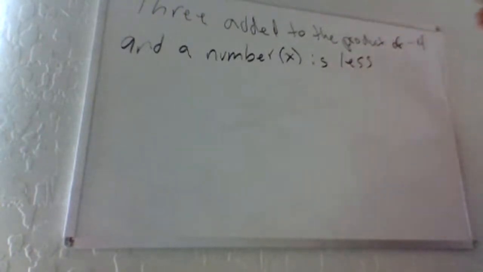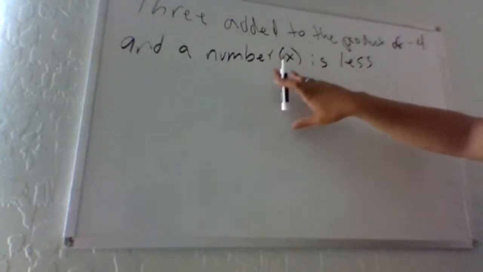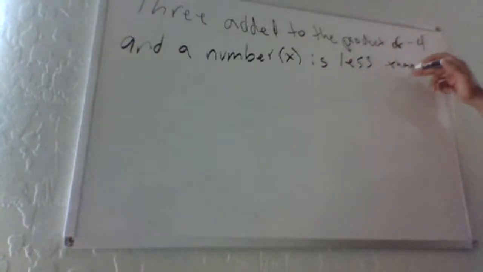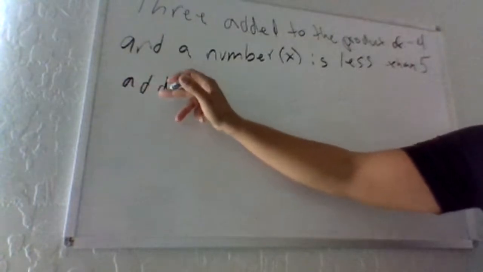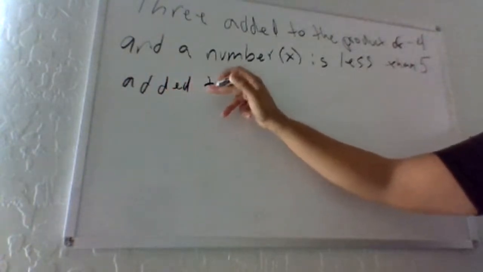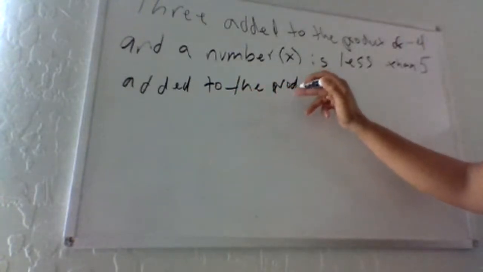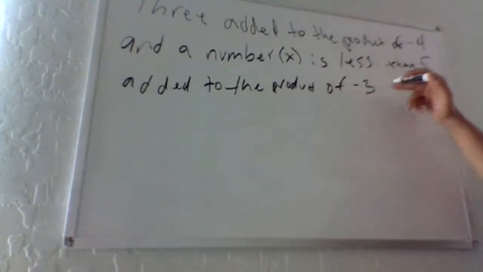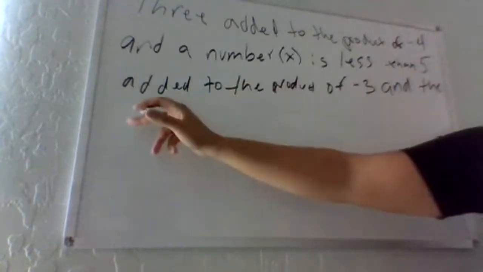So 3 added to the product of -4 and a number, otherwise known as x, is less than 5 added to the product of -3 and the number.